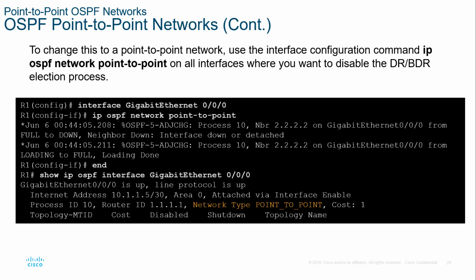So again, interface gigabit 0/0/0, ip ospf network point-to-point, that disables the designated router, backup designated router election process. Thus, you don't have to worry about it consuming resources. It consumes resources because this is done via a broadcast.